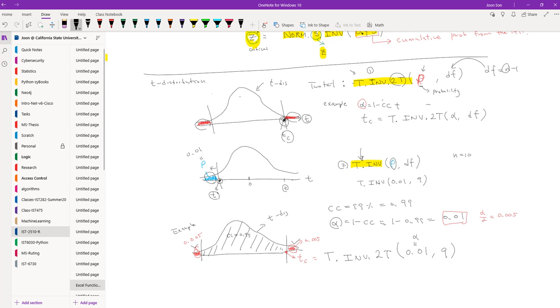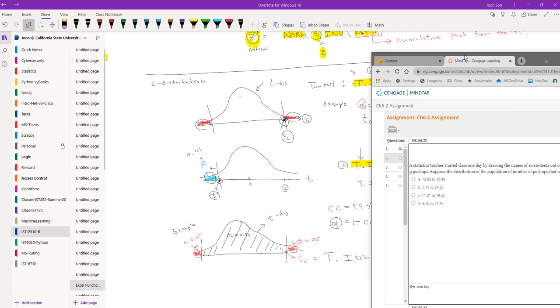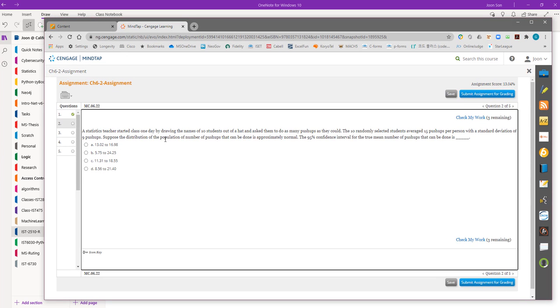Okay, so now let's take a look at the second problem. First, read the second problem. A statistics teacher studied the class one day by drawing the names of 10 students out of a hat and then asked them to do as many push-ups as they could. Average is about 15 push-ups per person with a standard deviation of 9 push-ups.